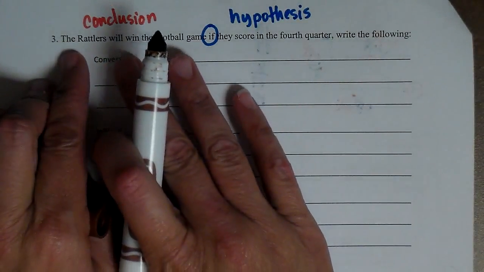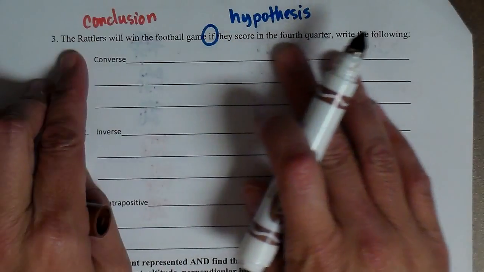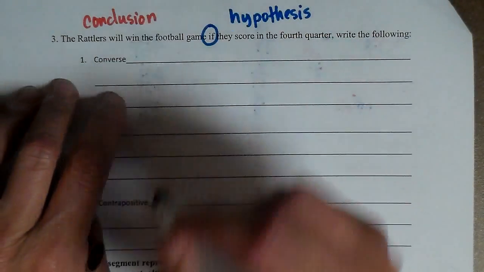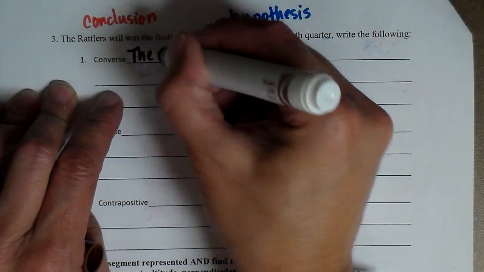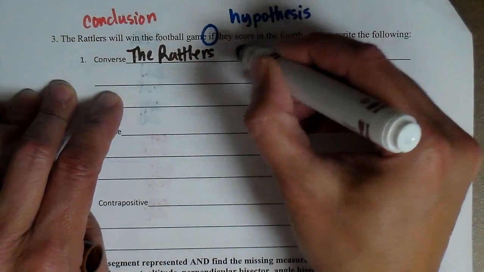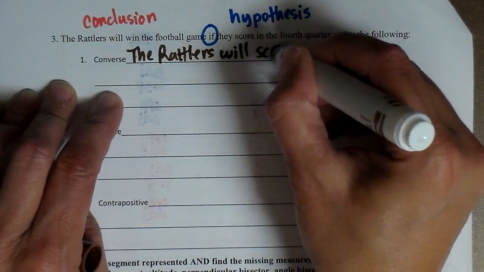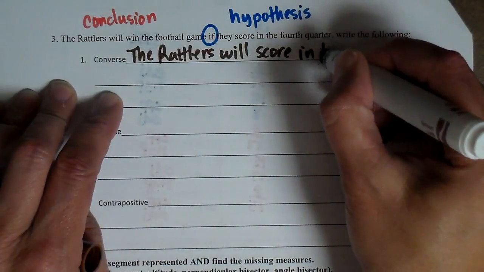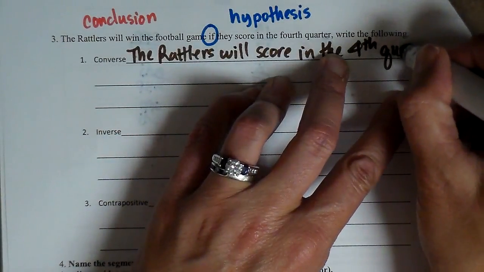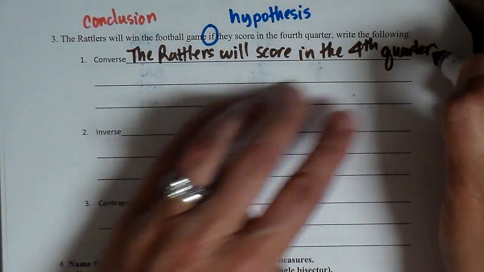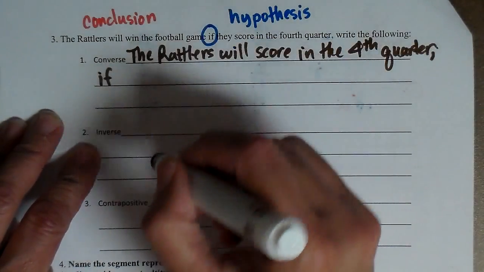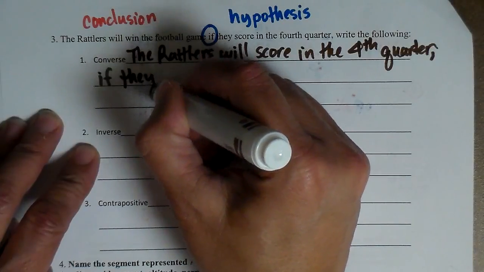So instead of saying the Rattlers will win the football game if they score in the fourth quarter, I'm going to put the Rattlers will score in the fourth quarter if they win the football game.